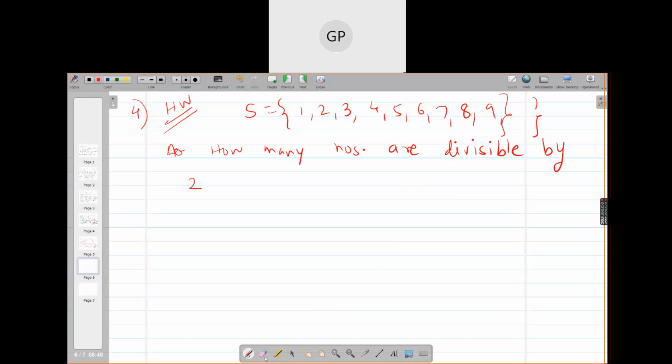Take it 1 to 9. Make it 1 to 9. So how many numbers are divisible by 2 or 5?